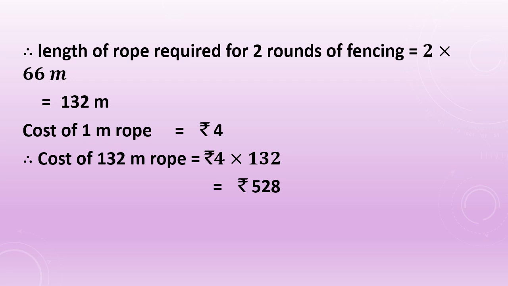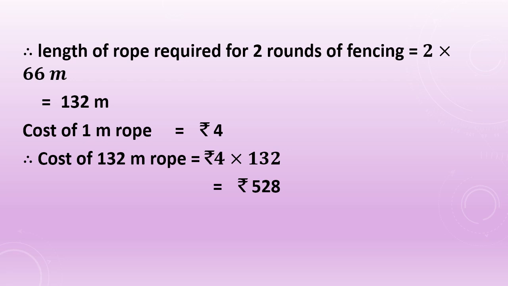Here the gardener wants to make 2 rounds of fencing, so we can write, therefore, the length of rope required for 2 rounds of fencing equal to 2 multiplied by 66 meter, which gives 132 meter. So another part of the question we answered, that is the length of rope required for 2 rounds of fencing is 132 meter.